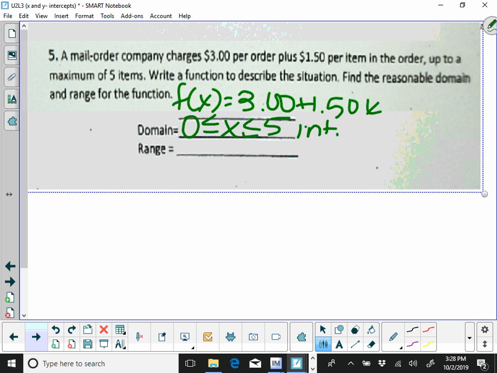Remember, if you don't ship an item at all, then your value is 0. And if you ship all 5 items, then that's going to be $1.50 times 5 plus $3. So $1.50 times 5 is $7.50. $7.50 plus 3 is going to be $10.50.